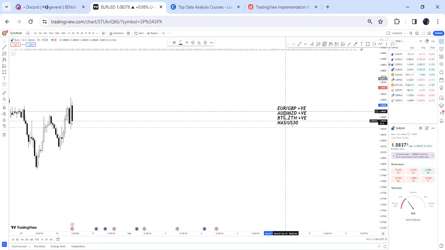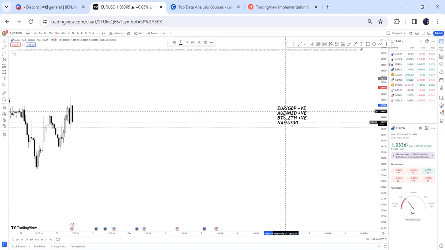This is the reason why a lot of information cannot be translated to the chart, because people, after watching videos, don't go back to their charts to confirm and see for themselves what has been taught in the video. So you want to do all of these assignments. I said the euro and the GBP are positively correlated, so you want to go back to your chart, confirm that, and see how they move together, in the same direction.